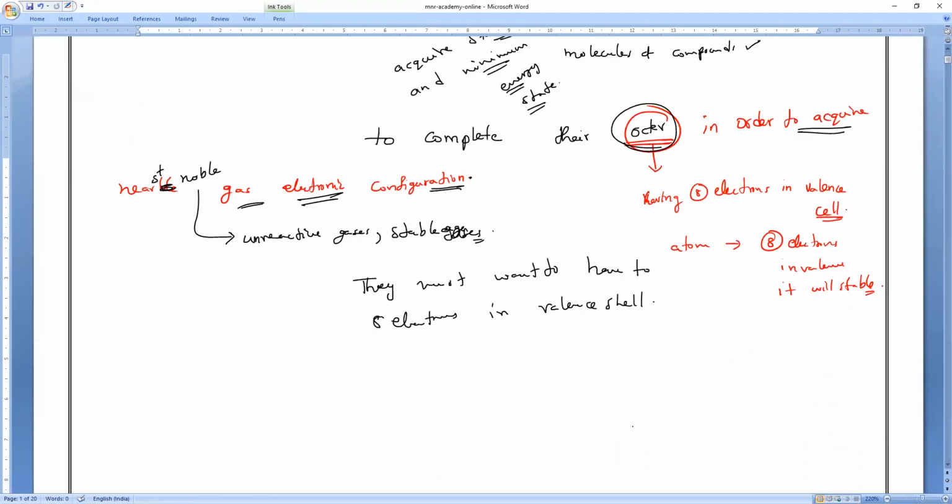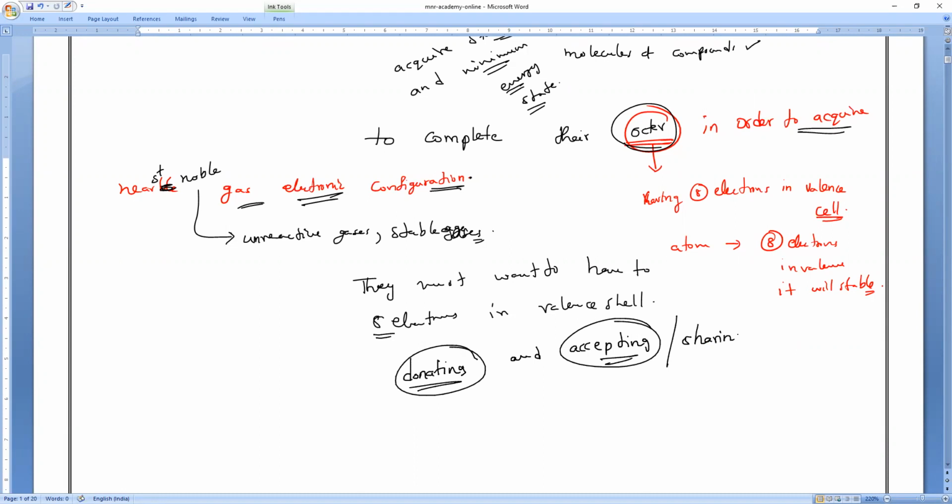If they want to acquire 8 electrons in the valence shell, one way is by donating electrons, and another way is by what? Either by donating or by accepting electrons.